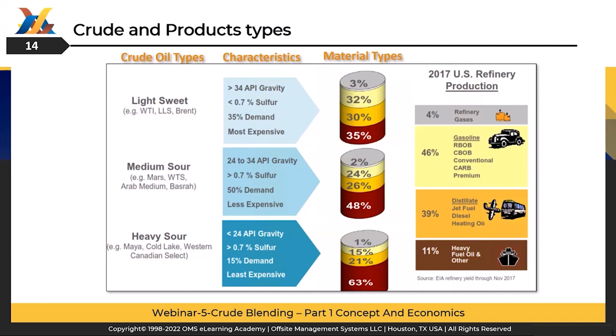A medium sour crude produces different proportions of the products, and heavy sour crude gives more residue, producing less of light products. But it's also the least expensive, and as I said before, sometimes termed opportunity crude for the refiners and the traders.